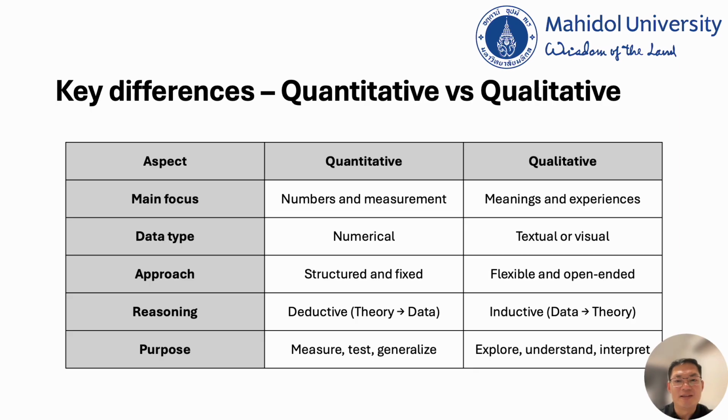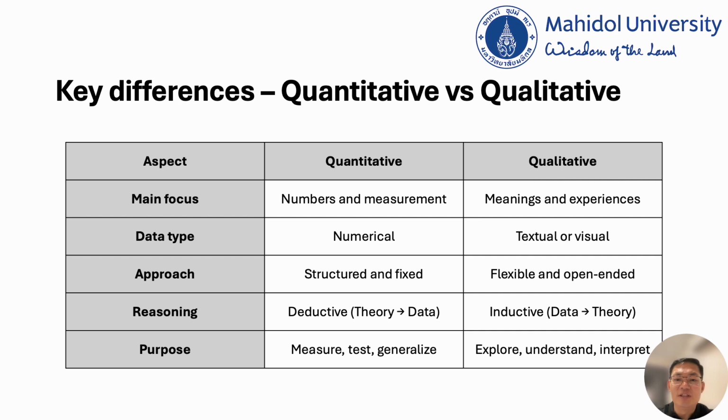Let's now summarize the key differences between these two approaches. Main focus: quantitative research aims to measure and test, while qualitative research seeks to explore and understand. Data type: quantitative uses numbers. Qualitative uses words and narratives. Approach: quantitative is structured and standardized. Qualitative is flexible and adaptive.